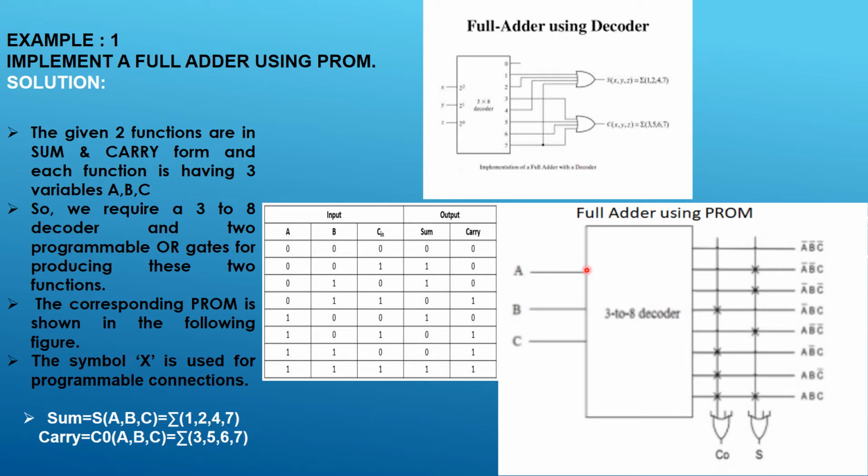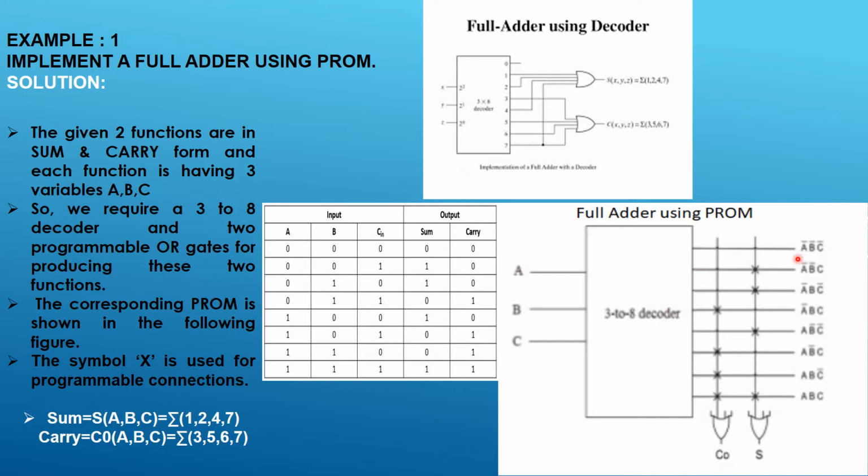So here the similar block is represented by means of a 3 to 8 decoder. It has got 3 input variables, 2 to the power of 3, 8 outputs. So it needs 8 AND gates to produce 8 outputs of minterms. So you are going to have 0 to 7 produced, the products of ABC of various combinations.